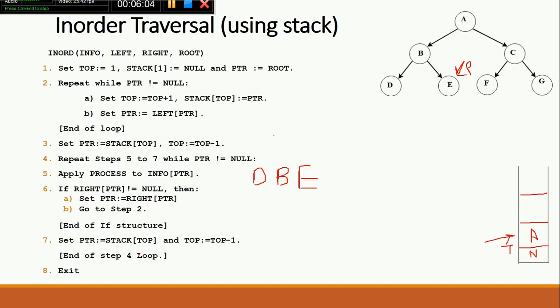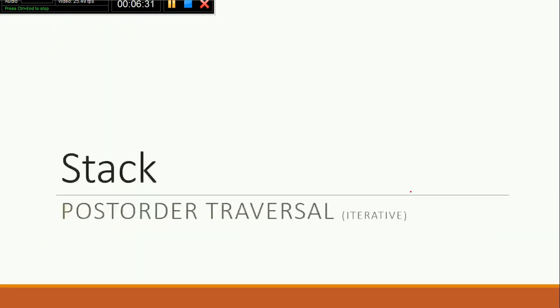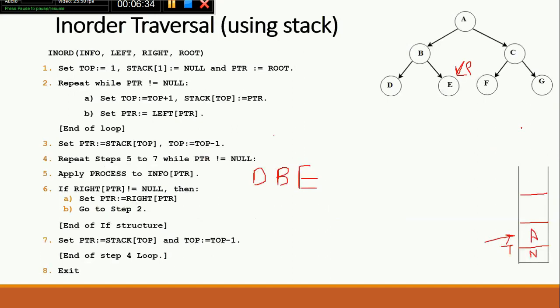It says whatever you have in the stack top, copy it to the PTR and top is equal to top minus 1. So what I have in the stack top is A, so this means the PTR will go to A. Okay, so the PTR will now jump to A as per step number 7, and top is equal to top minus 1.